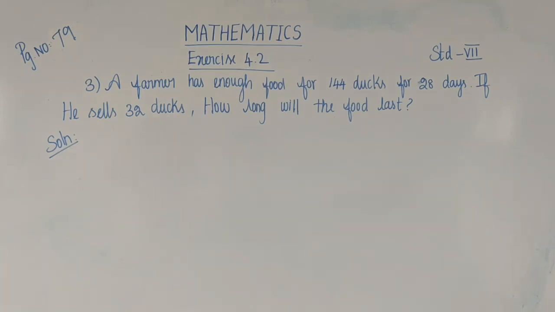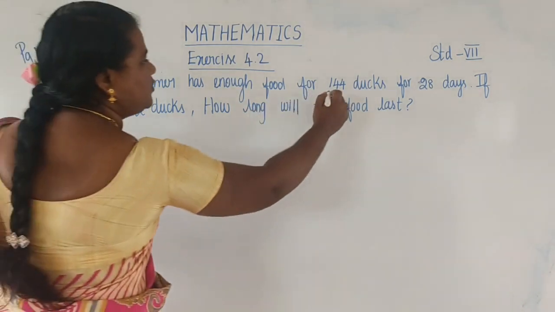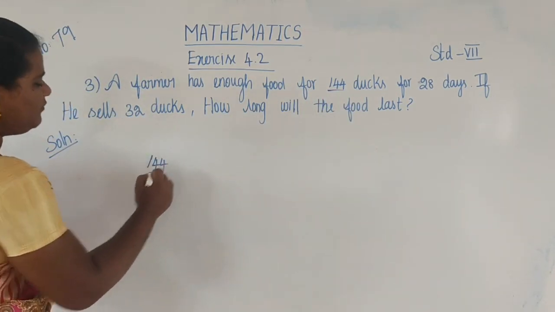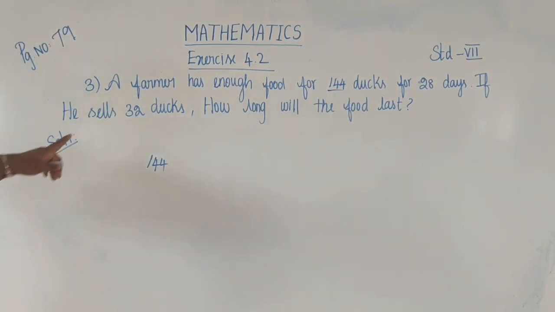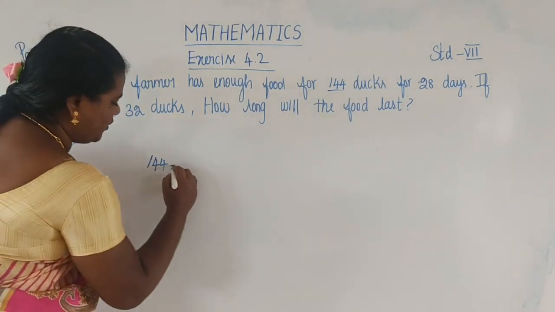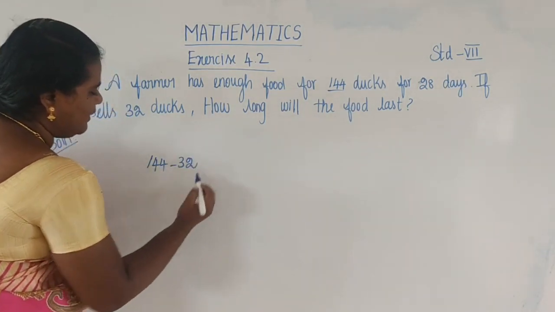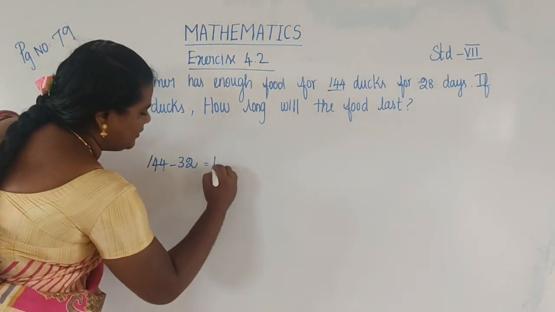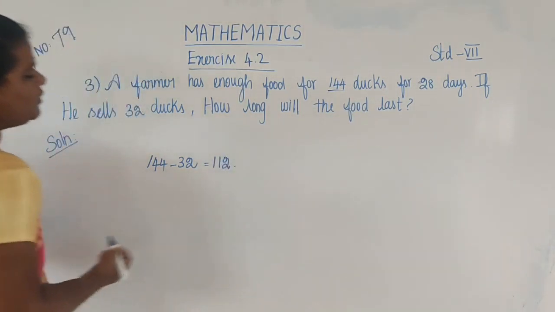The total number of ducks is 144. If he sells 32 ducks, the farmer sells 32 ducks, so 144 minus 32 is 112.